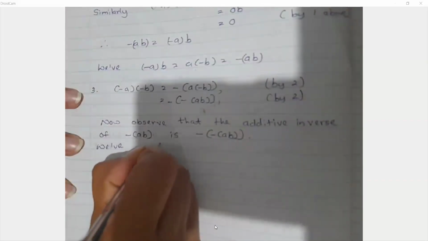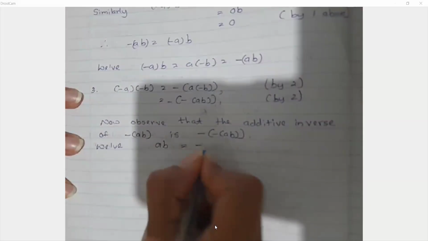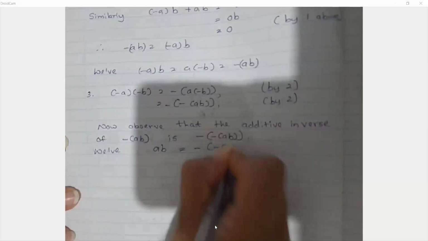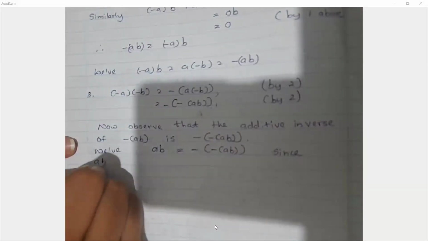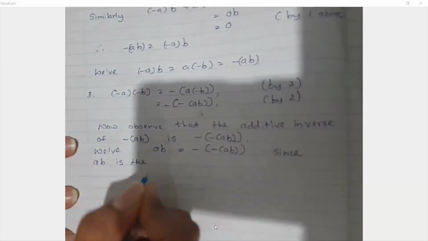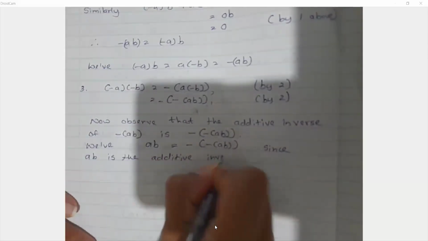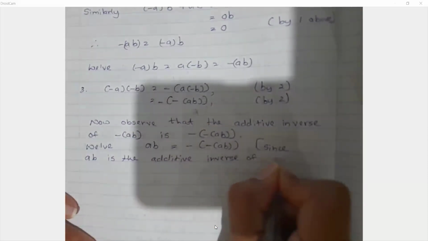We have AB equal to negative of negative AB, since AB is the additive inverse of negative AB.